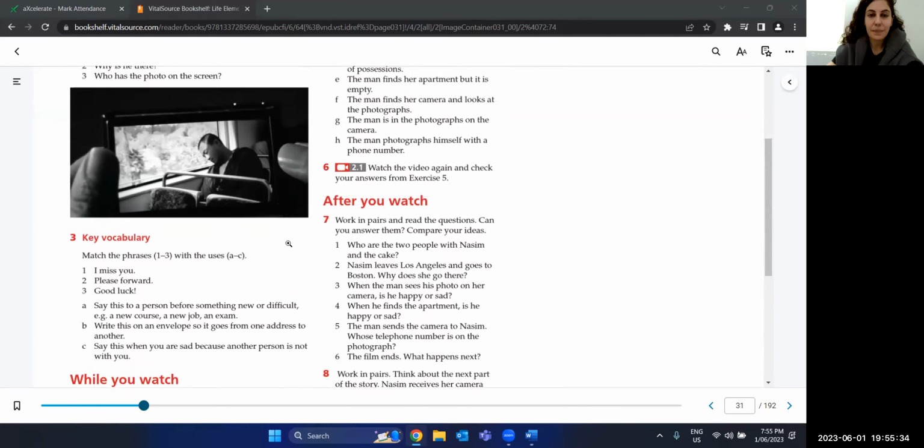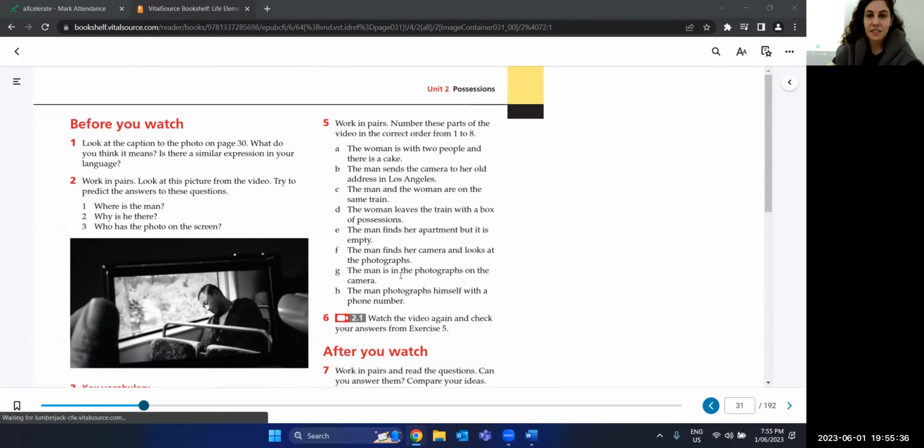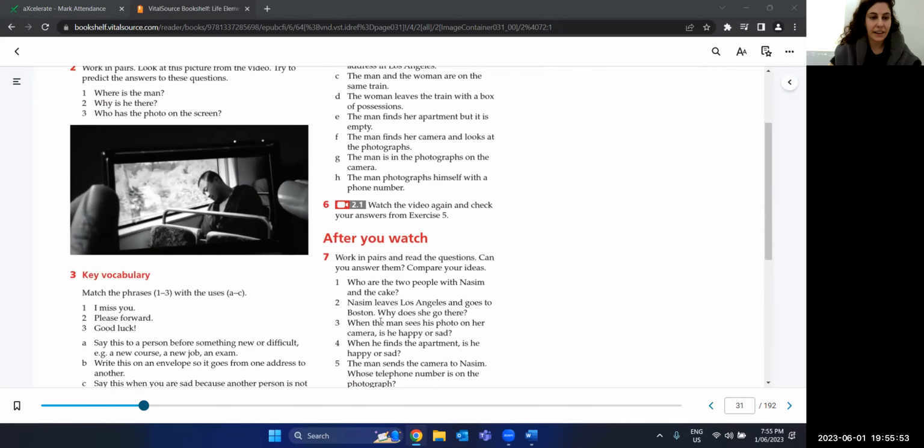At the same time, you have to see which ones happened first. From 1 to 8. Which one happened first? We have to look at these sentences and see which one happened first. Maybe I'll play it 3 times to check our answers.